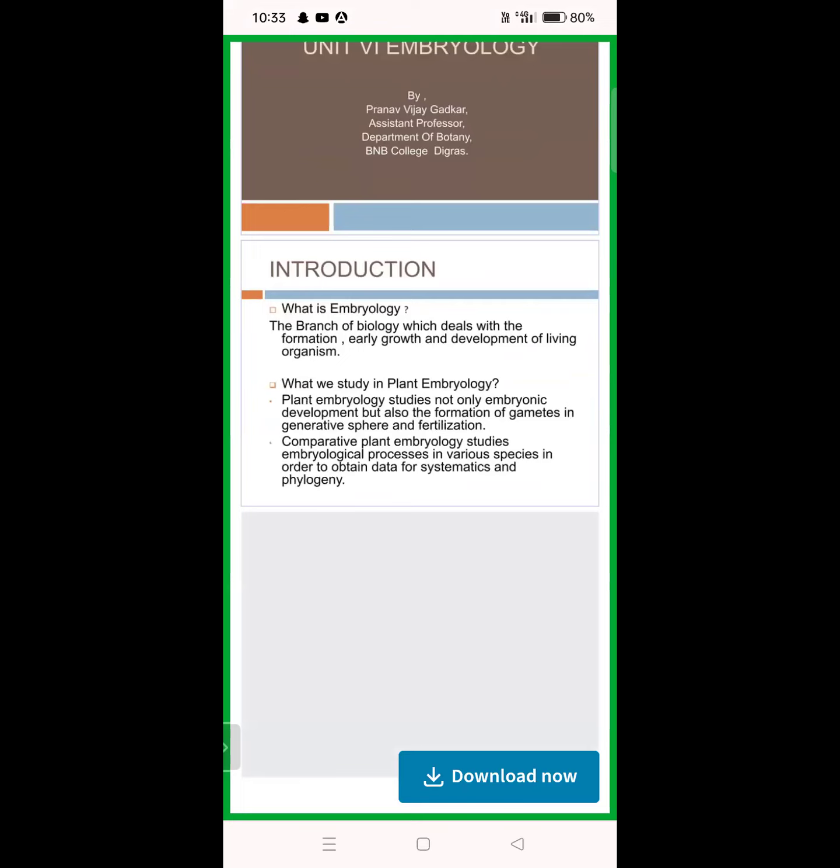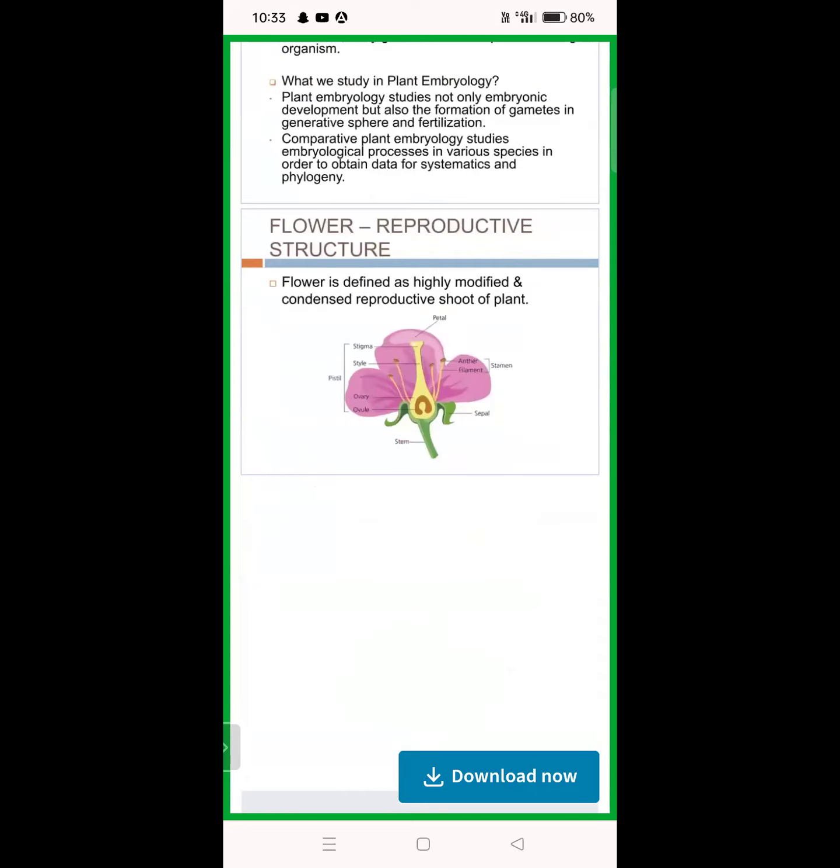Next, coming to the pollen embryo sac. Normally, pollen grains contain 2 or 3 nuclei. In some cases the microspore nucleus divides to form 8 nuclei.